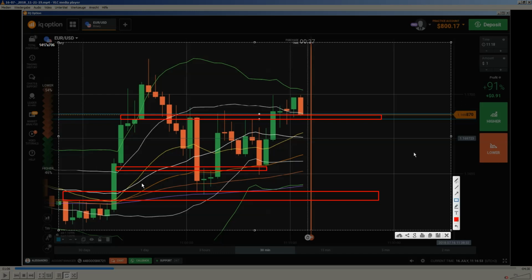So these are three areas, and you see how they are working. Here we have a fake breakout of this area, and here it looks the same. Here we got a breakout of this area, and then you could do another call on this level. Okay, so that is this one.